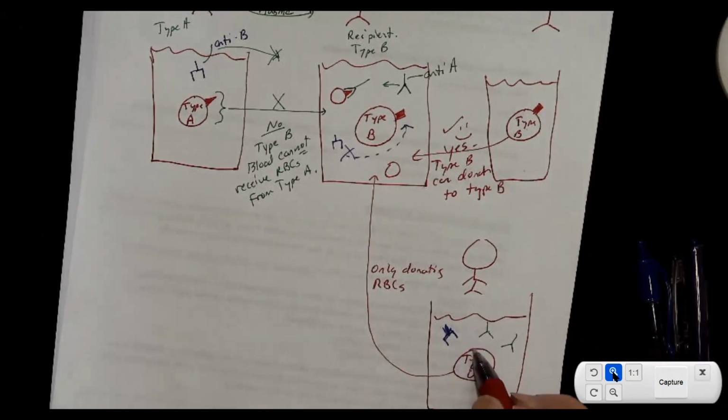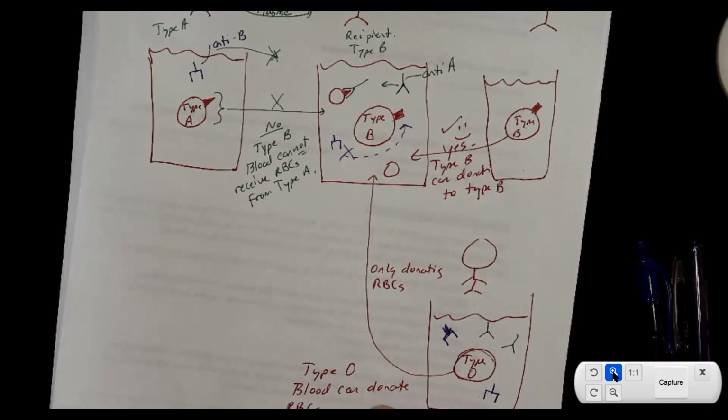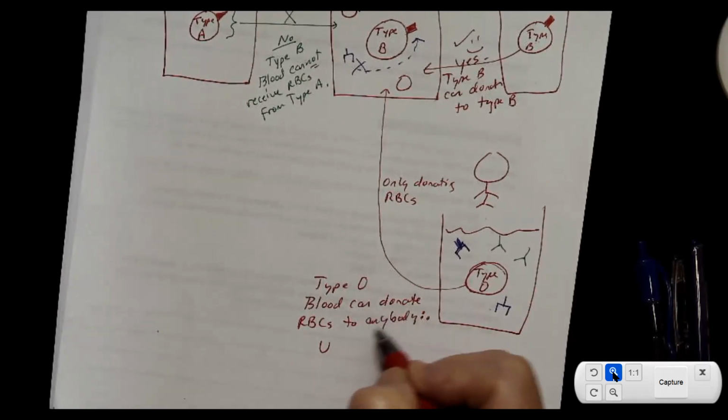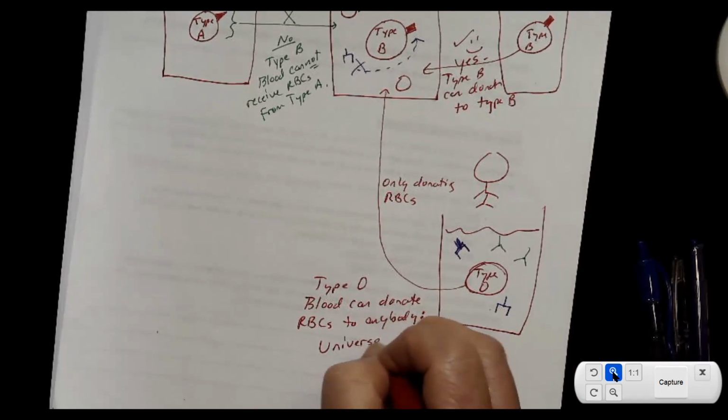But since this is a clean red blood cell, no antigens on it, that's why type O blood can donate red blood cells to anybody. Therefore, it's known as the universal donor.